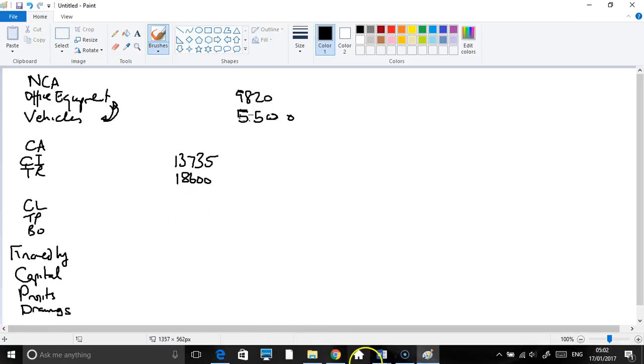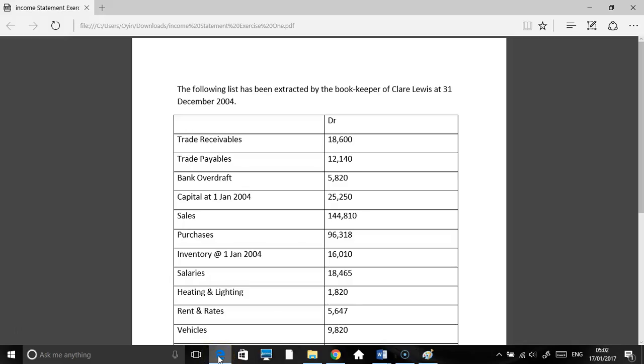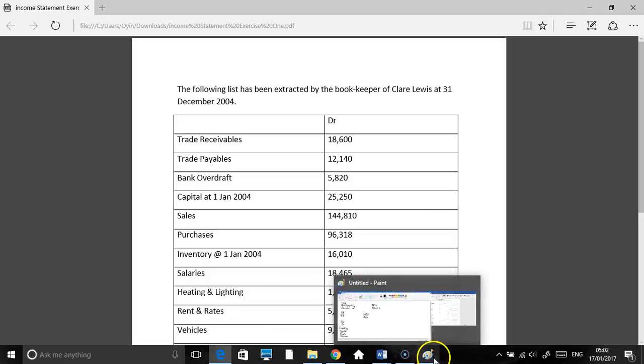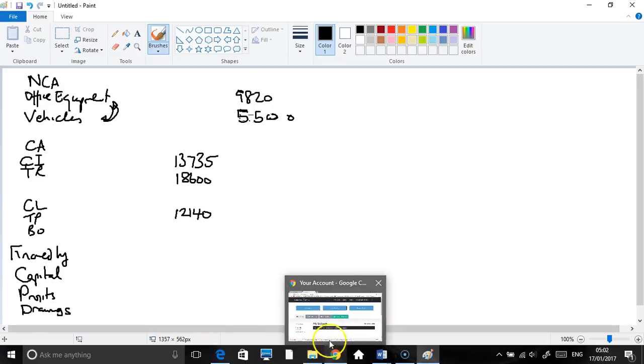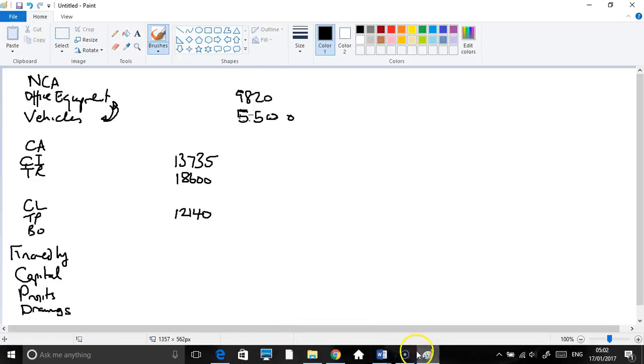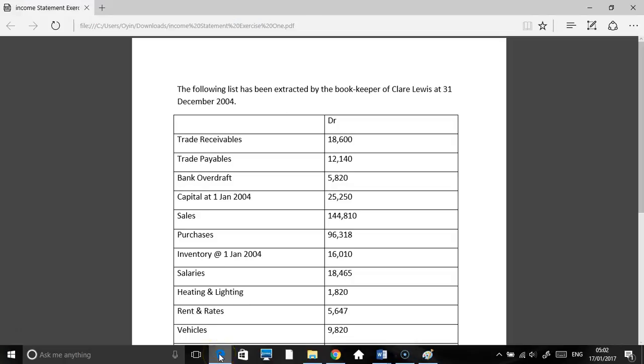Your trade payables comes out at 12,140. And your bank overdraft $5,820.